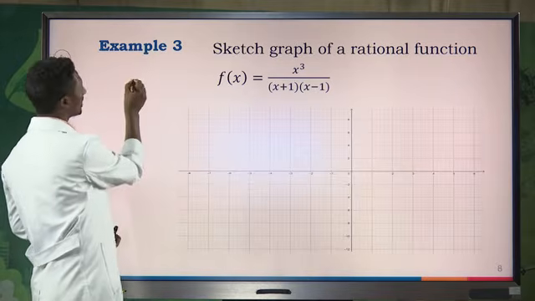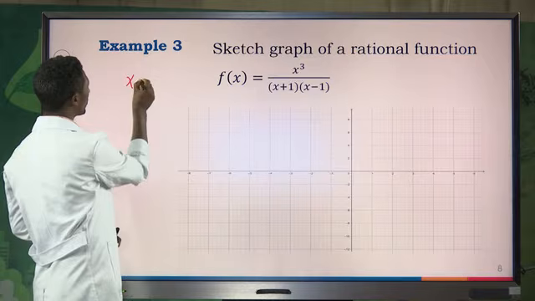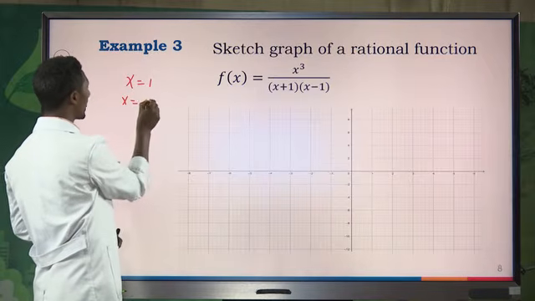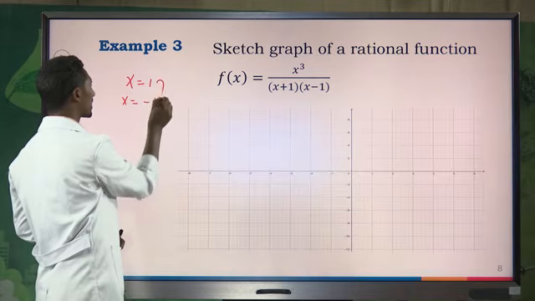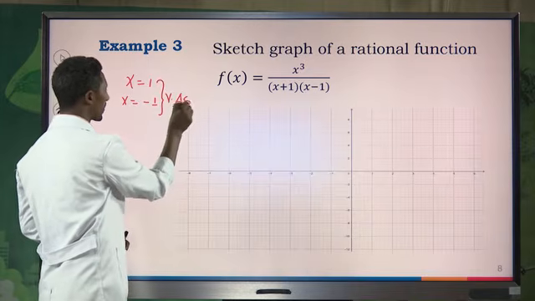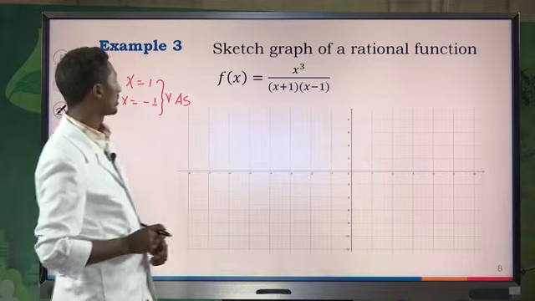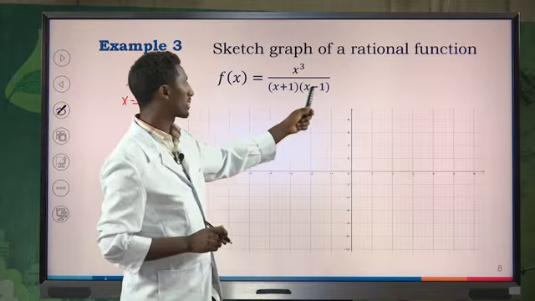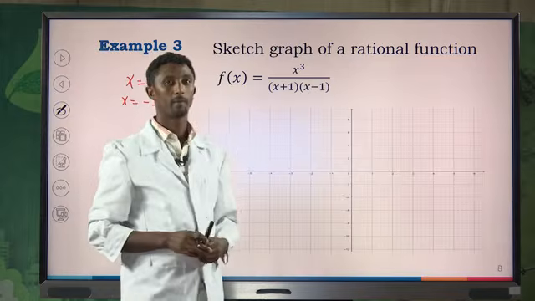So x equals 1 and x equals minus 1 are vertical asymptotes.